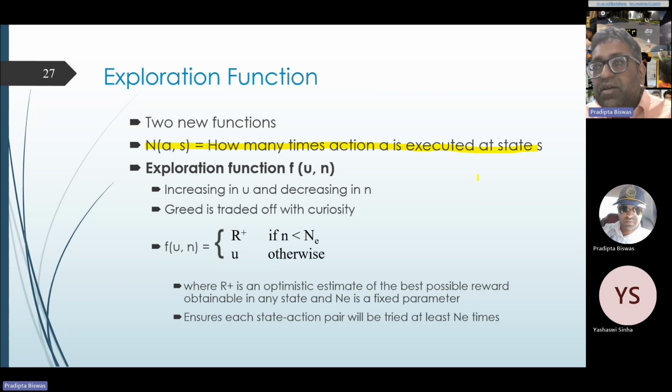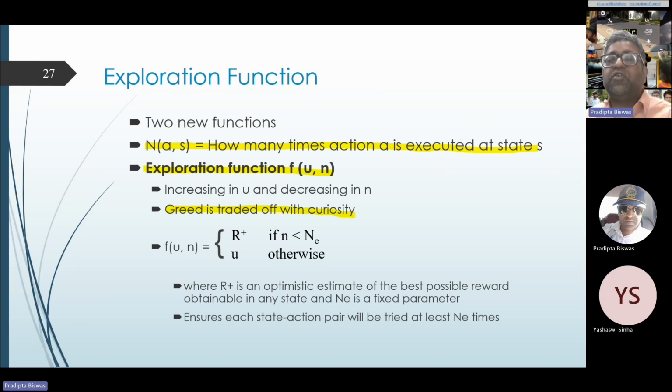But exploration says that even in a known state, let us explore something different. So we will define a second function, this exploration function, which will encourage curiosity. This reads a bit philosophical: greed is traded off with curiosity.